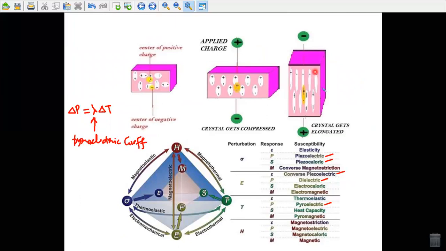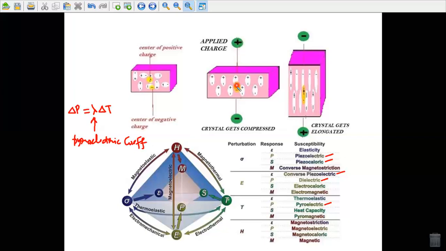So this can be shown from these figures. As I have mentioned, this yellow minus at the center is the center of the negative charge, and the yellow plus is the center of the positive charge, and these two do not coincide in the case of non-centrosymmetric crystals. When we apply mechanical stress, the crystal gets compressed or elongated.